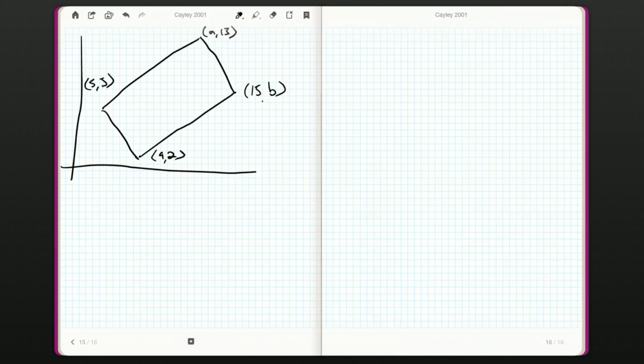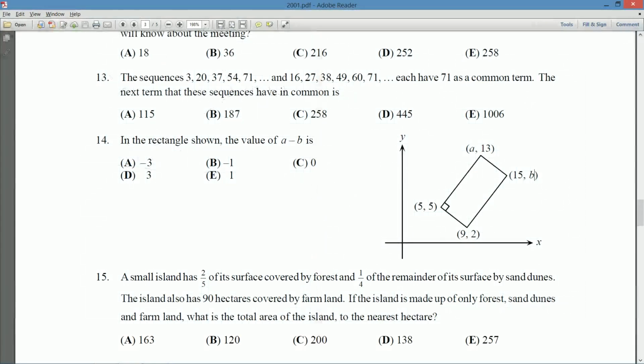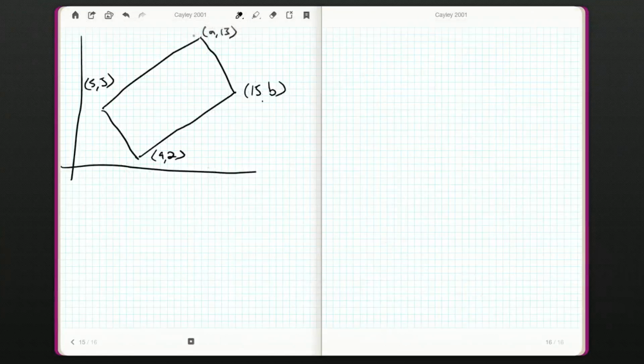Okay, just going to double check, make sure I got those coordinates right. Yeah, 15 and then B. All right. And we'll make this 5 look like a 5. I know sometimes my 5s, when I do them really quickly, look like 3s.